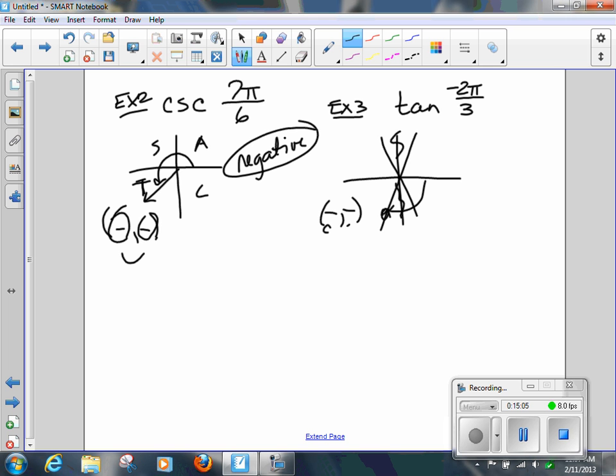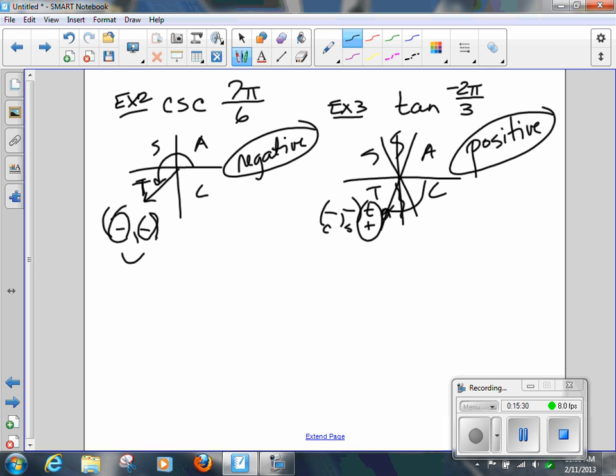So that's cosine, sine, tangent has to be... That's right. Tangent is positive. Right, all-star trig class. Tangent is positive. How many of you got positive? Okay, you were right. Positive for that tangent value.